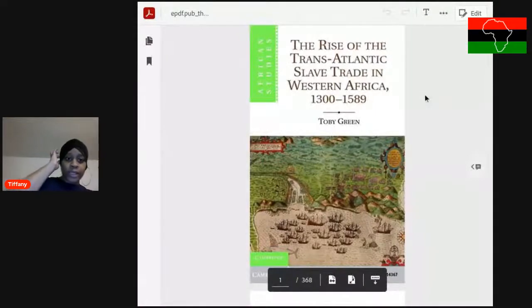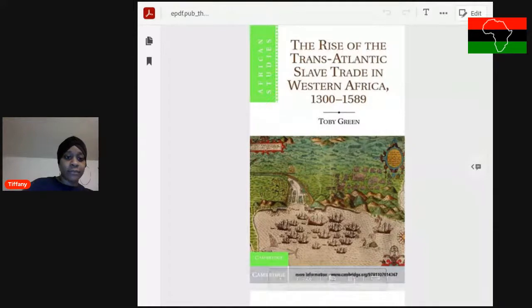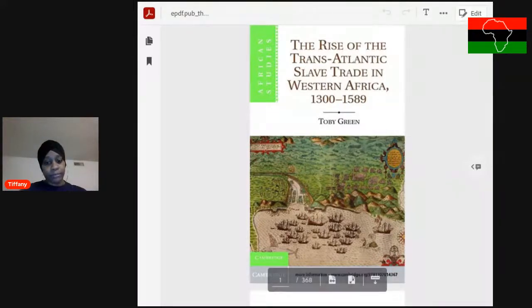Then, The Rise of the Transatlantic Slave Trade in Western Africa, 1300 to 1589. You guys can look at that book as well, if you are interested.